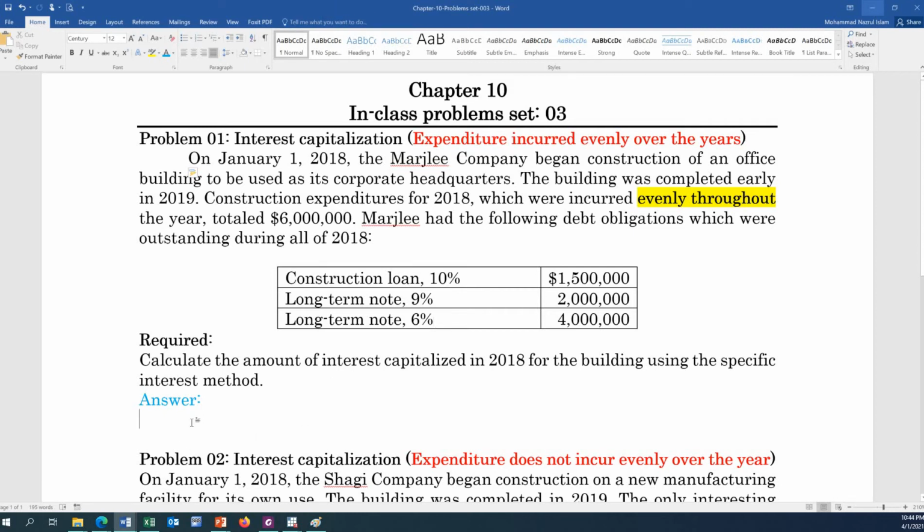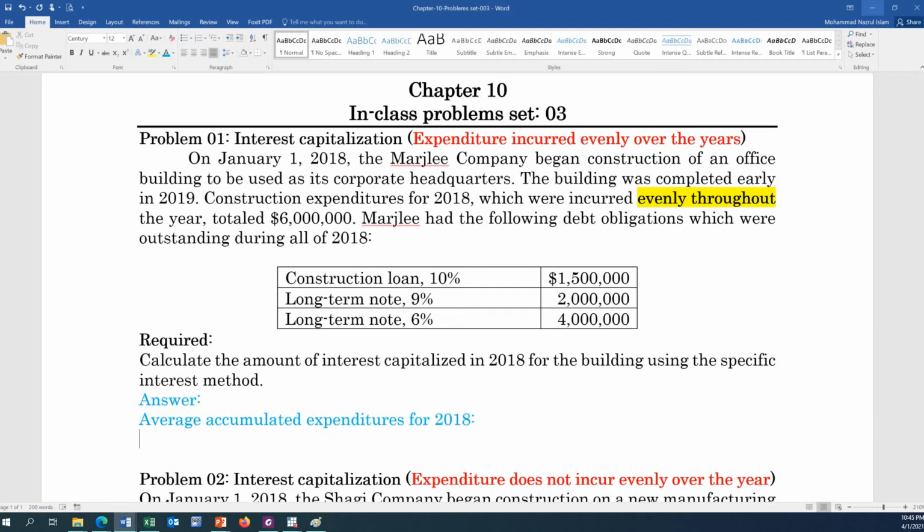So the first one is, we need to calculate the average accumulated expenditures for 2018.